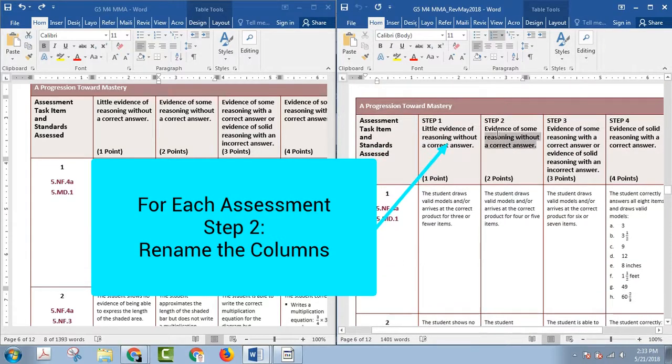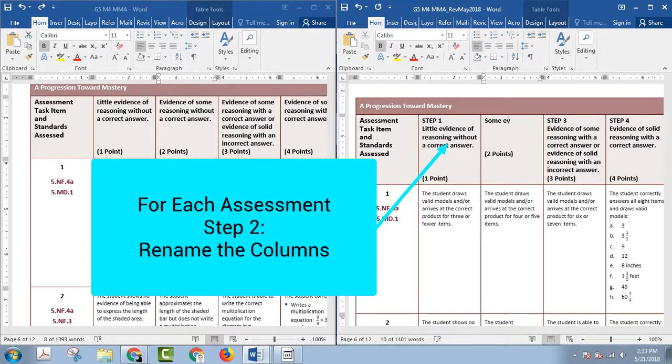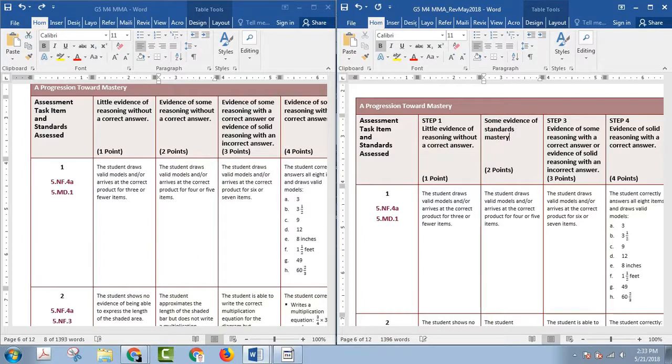This is going to be some evidence of standards mastery. This one's going to be strong evidence of standards mastery.